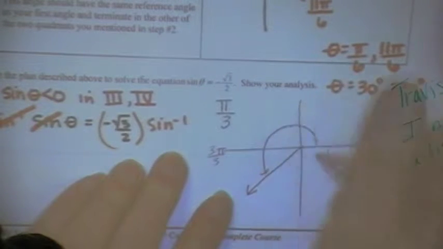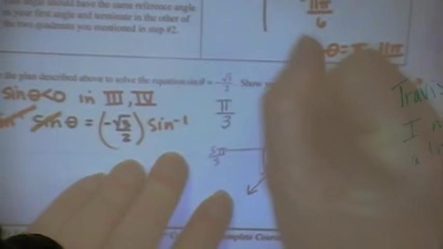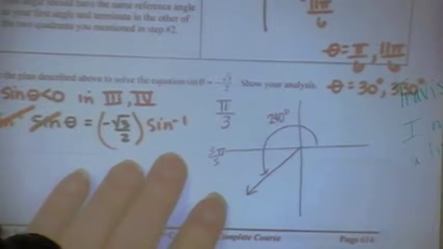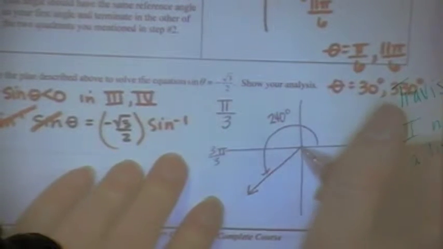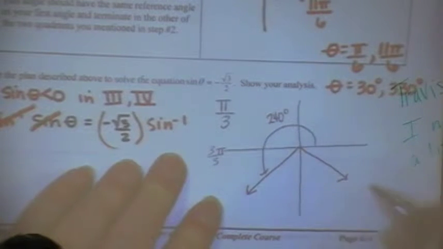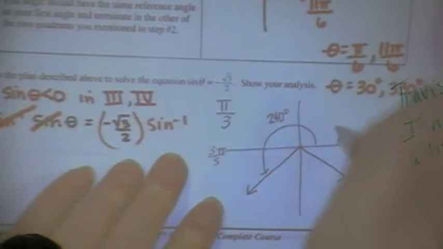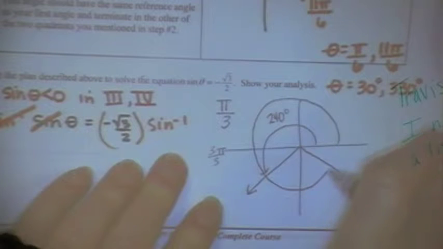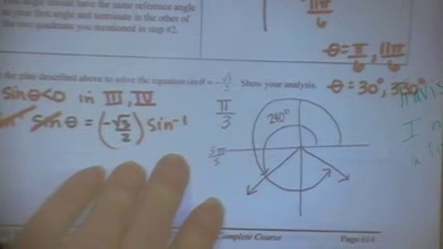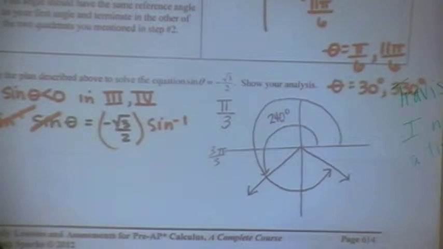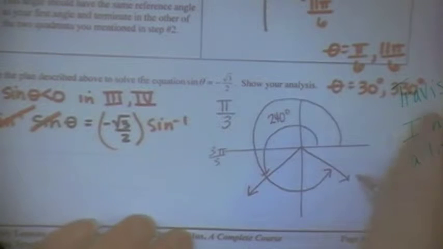I try not to. Okay, so this one's 240. And then I also need another one that's in quadrant 4. This one over here. That goes all the way around and back to here. So it's pi over 3, but it's in quadrant 4. Which one is this? 300. Good.